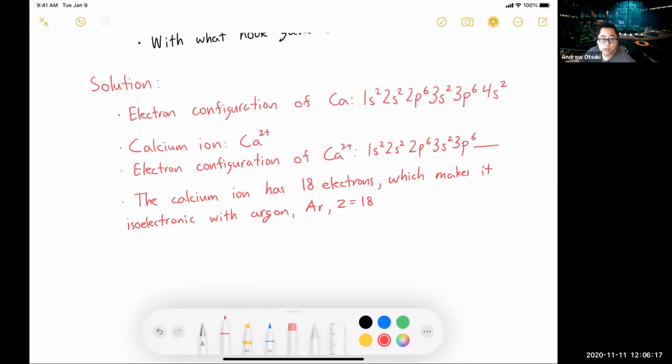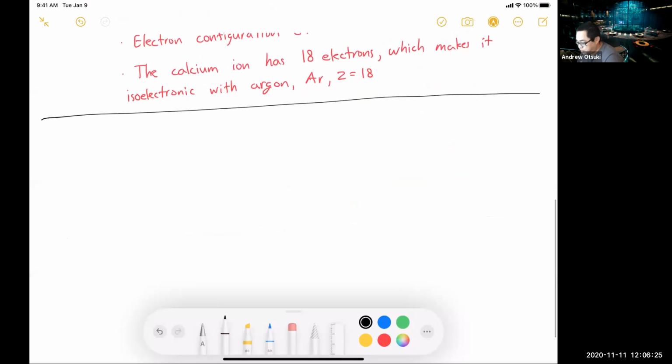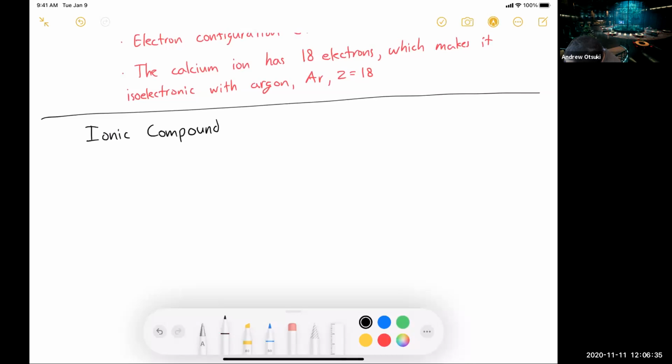Let's move forward. Okay, so now we're going to switch gears. So now let's talk about ionic compounds. What are ionic compounds?